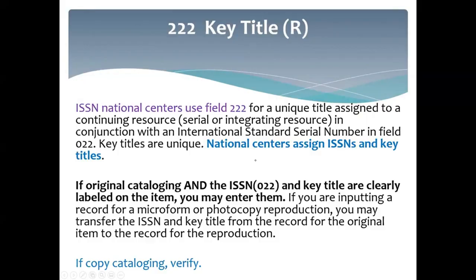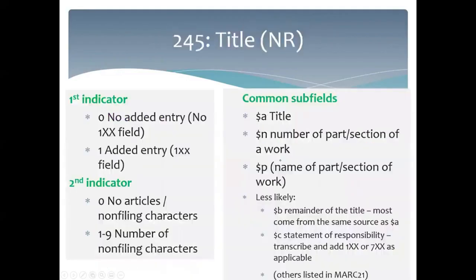If you are creating a record for a microfilm or photocopy reproduction, so you have the original record, then you can take that ISN and the keynote from the record for the original and add that into your reproduction record. If copy cataloging, you just take a look at it and not worry too much about it. You don't have to spend a whole lot of time on it.